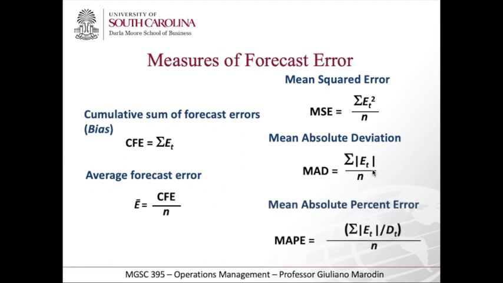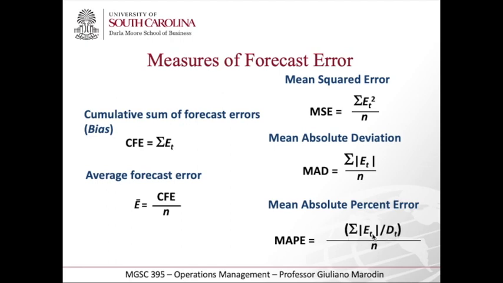And finally, the one that we're going to use more, because companies use it more and it makes more sense to compare products and methods with other methods, is what we call the mean absolute percentage error, which would take the mean absolute deviation here and divide it by the demand.